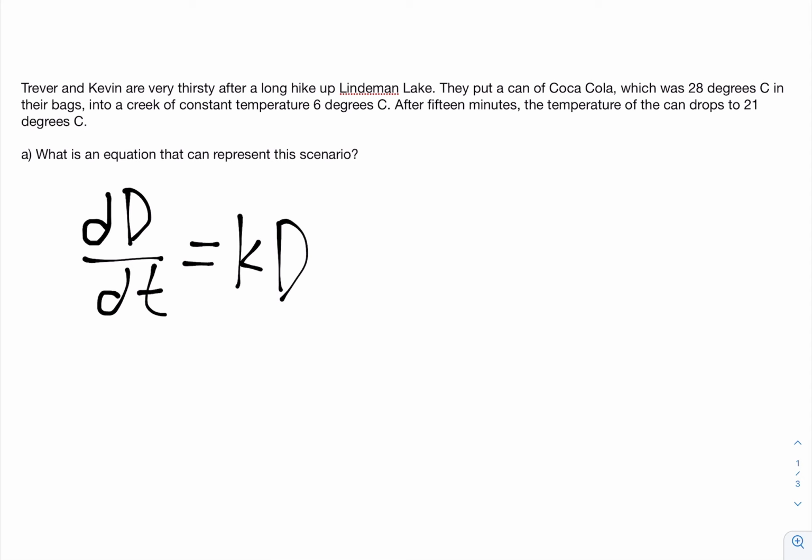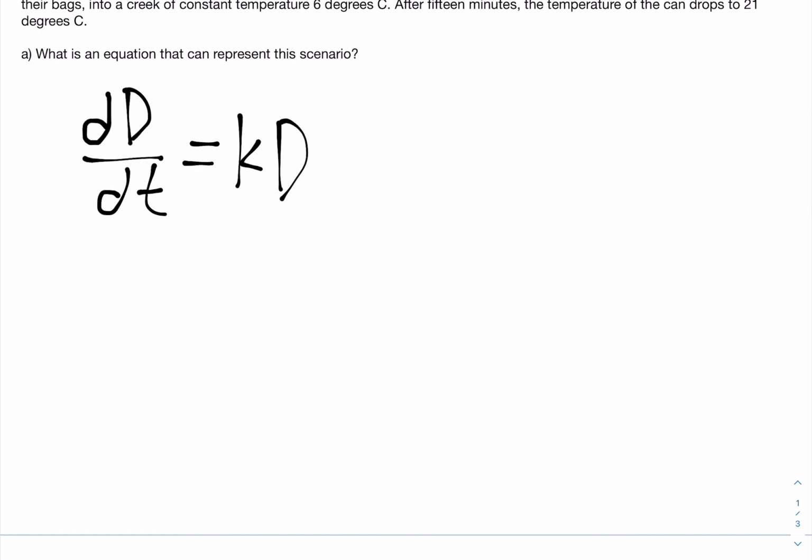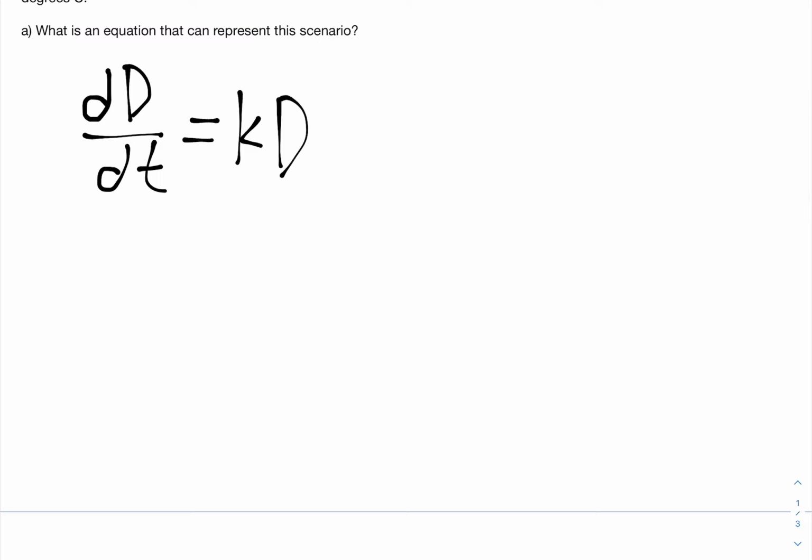All right, so similar to the last video, we can isolate for D. So if we want to isolate for D, the first thing we can do is divide by D on both sides, right? We can times it by 1 over D, same thing.